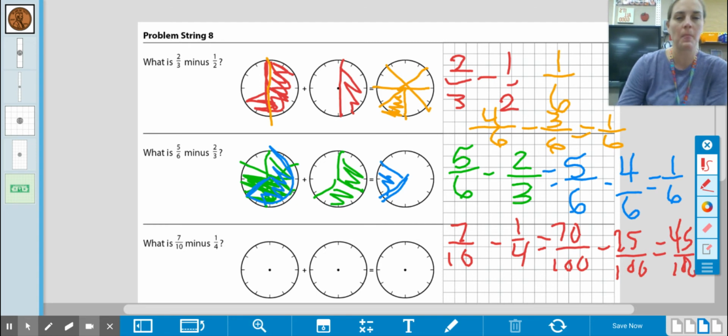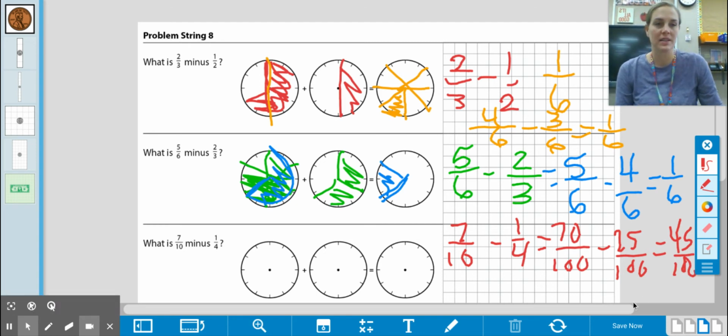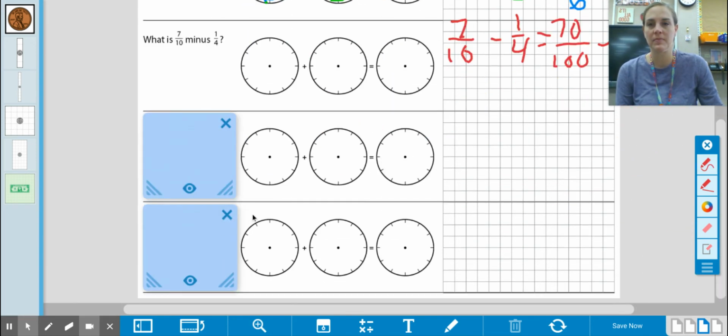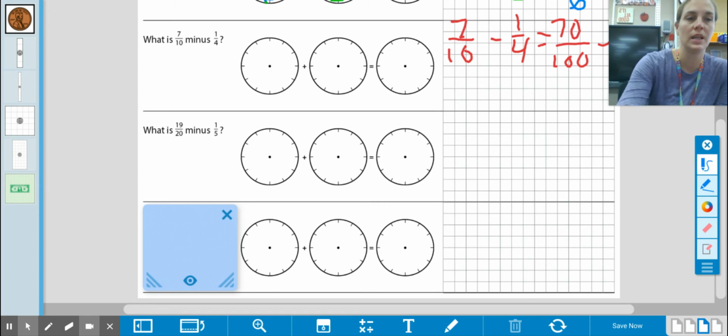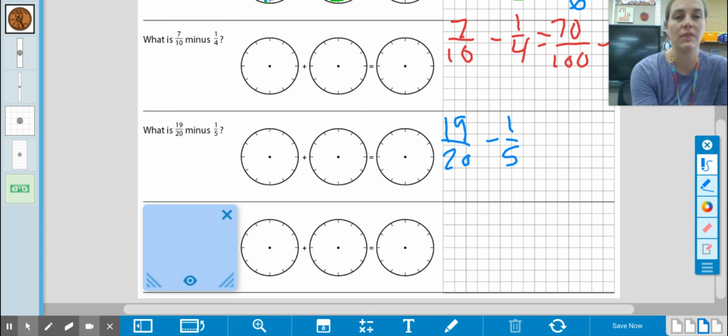All right. Let's go ahead and write down our next problem. That is 19/20 minus 1/5. All right. When I have my problem written down, 19/20 minus 1/5, I notice that 5, if I count by 5s, I count 20. So I want to think about that ratio table.